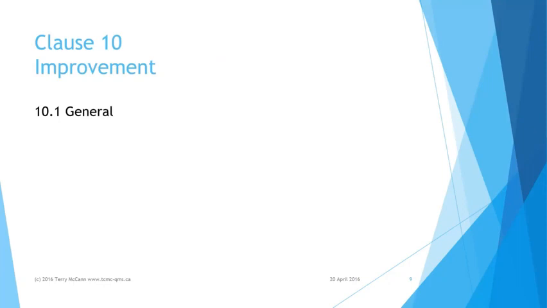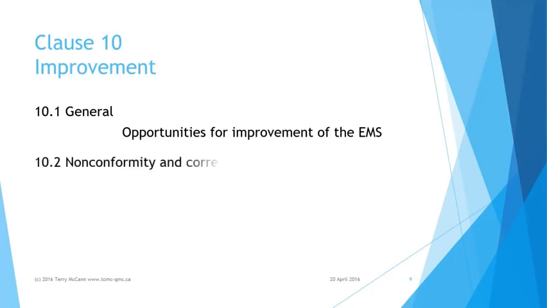Firstly, Clause 10 requires the organization to determine opportunities for improvement of the EMS and take necessary actions after evaluation. Then, when a non-conformity occurs, you have to control and correct it and deal with any immediate consequential environmental impact.